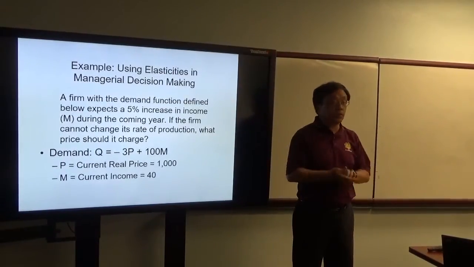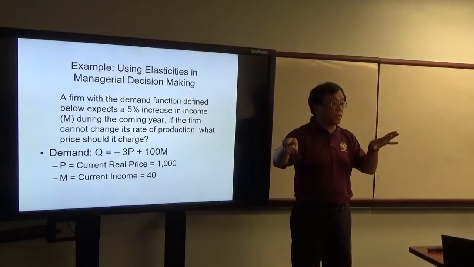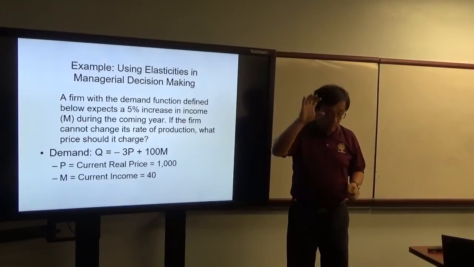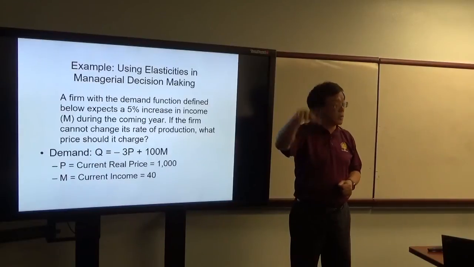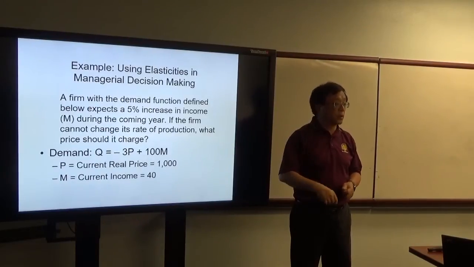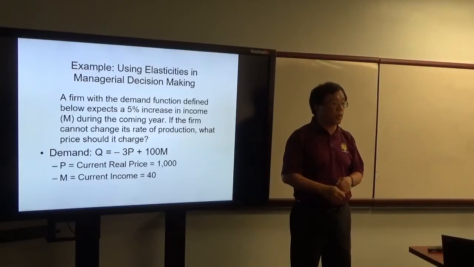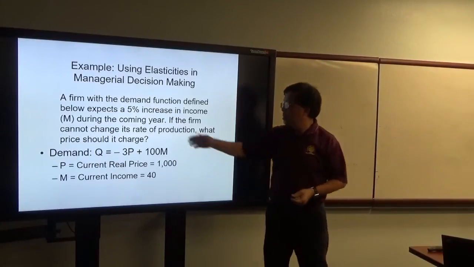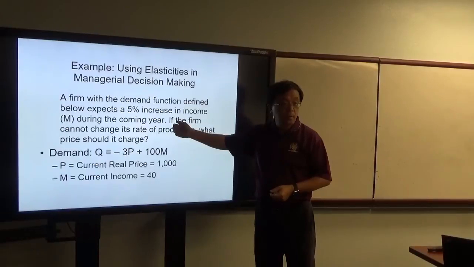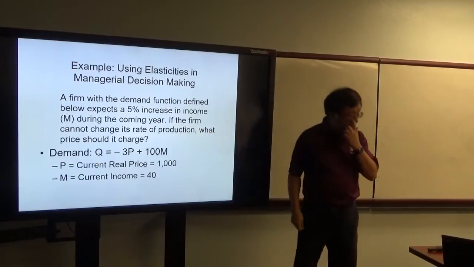There are two effects here. Income increases, people purchase more. But it's not okay because quantity cannot change. So the company has to increase the price to decrease the quantity, to cancel the effect. The net impact is zero.